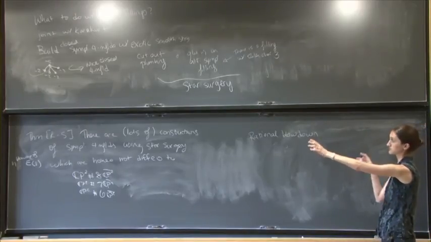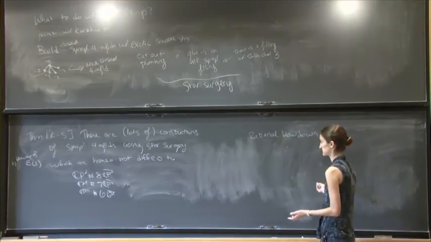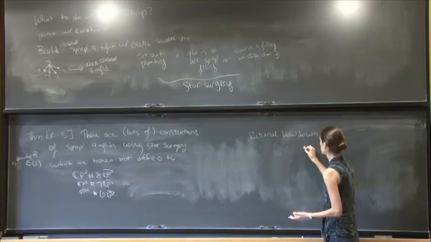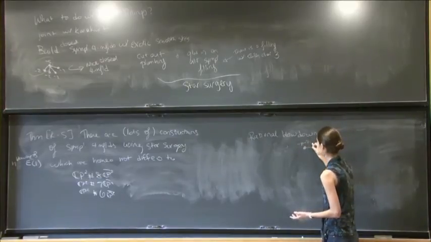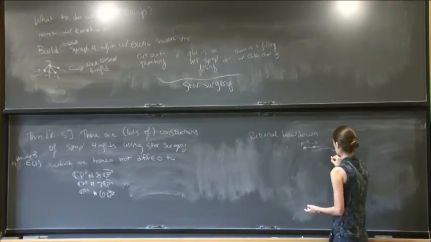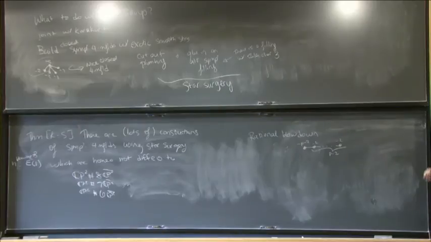The star surgery is really motivated by the rational blowdown, and it's viewed as a generalization. For Fintushel and Stern's original rational blowdown, we're looking at a particular family of linear plumbings.